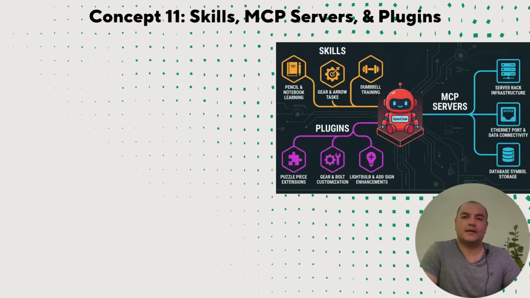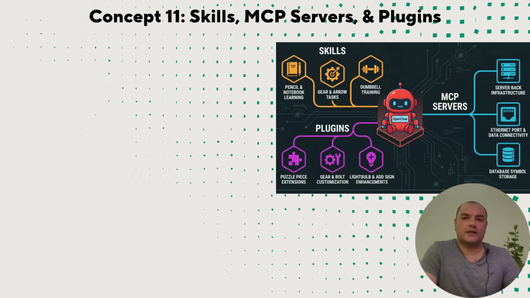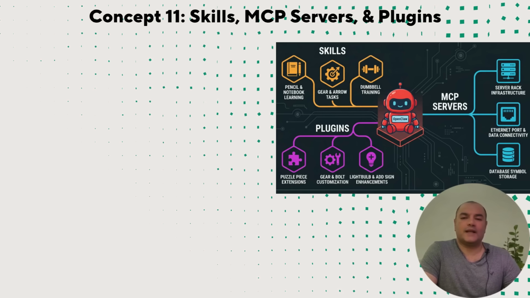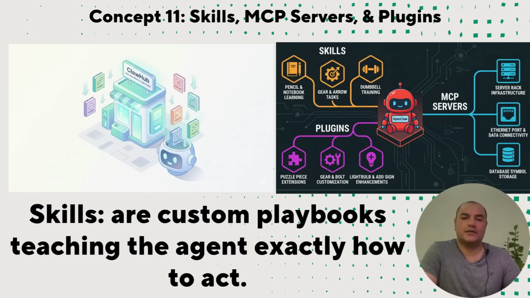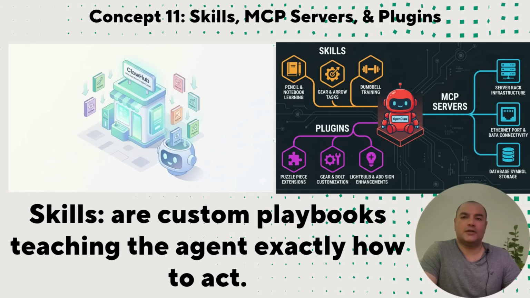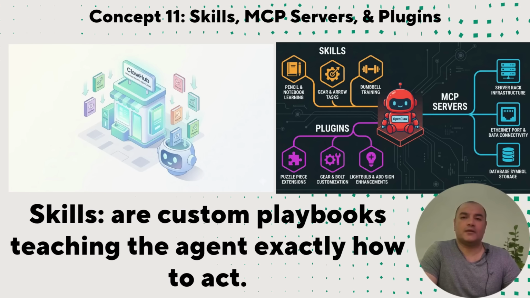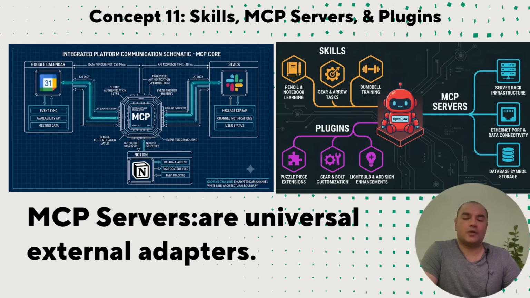Concept 11 is how your agent actually uses external apps: skills, MCP servers, and plugins. So how does your bot actually connect to these apps? Using 3 distinct methods. Skills are custom playbooks teaching the agent exactly how to act. And you don't even have to code them. You can download them instantly from ClawHub, the official app store for OpenClaw.